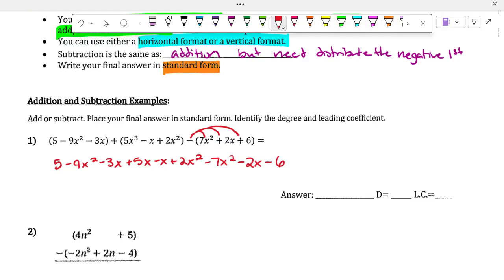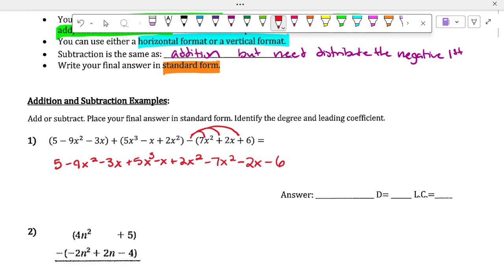Now, because there's so many terms here, I recommend either using colors or different shapes.